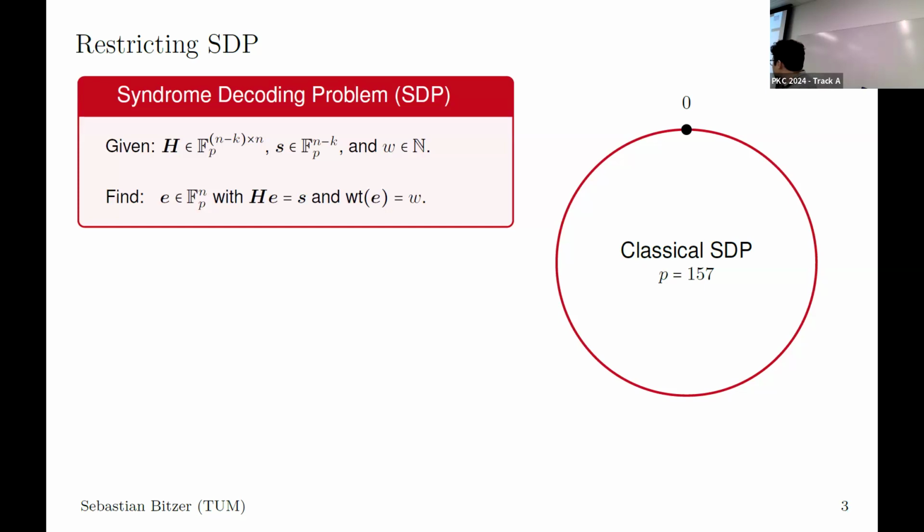Here we're usually talking about the Hamming metric, which means that our weight restriction really only distinguishes between zero and non-zero entries of the error.